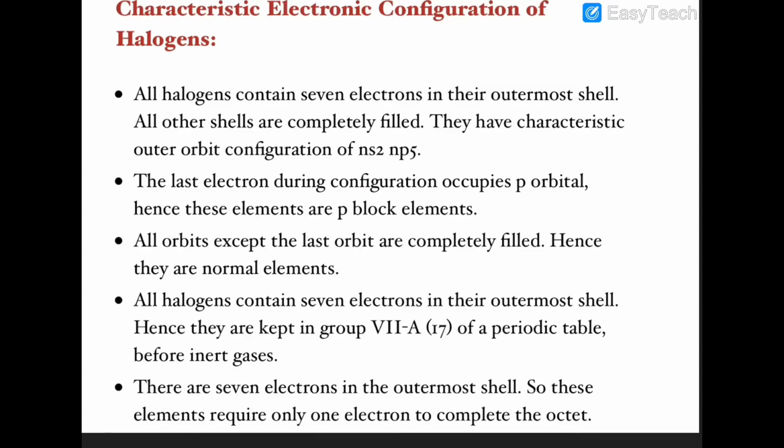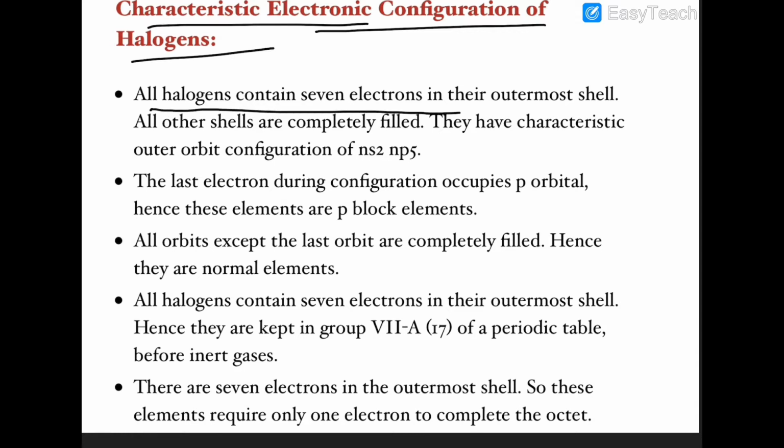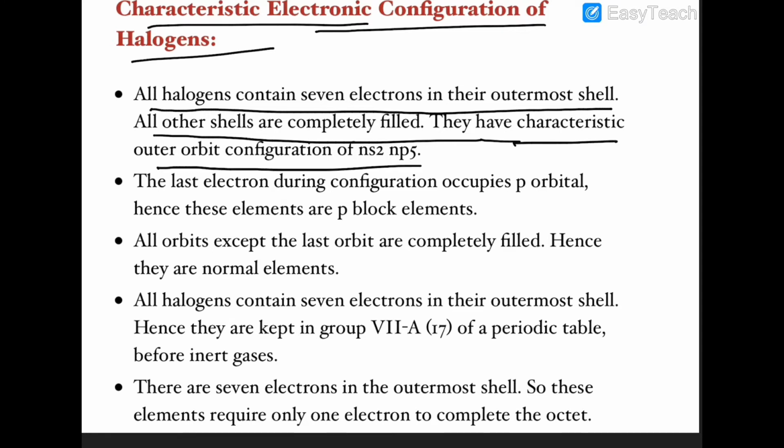Now let's move ahead and take a look at the characteristic electronic configuration of all the halogens. All halogens contain 7 electrons in their outermost shell. The inner shells are completely filled. They have a characteristic outer configuration of ns2 np5, as I already told you.